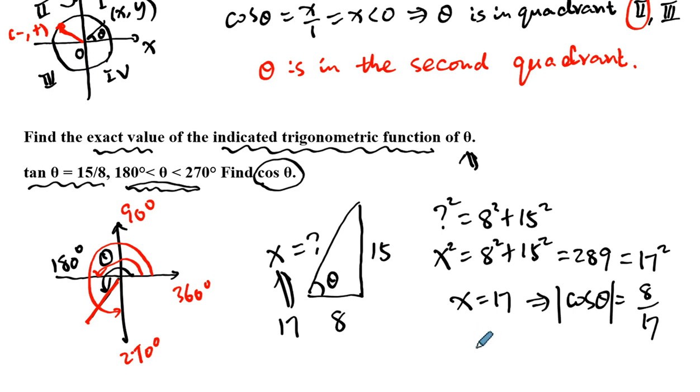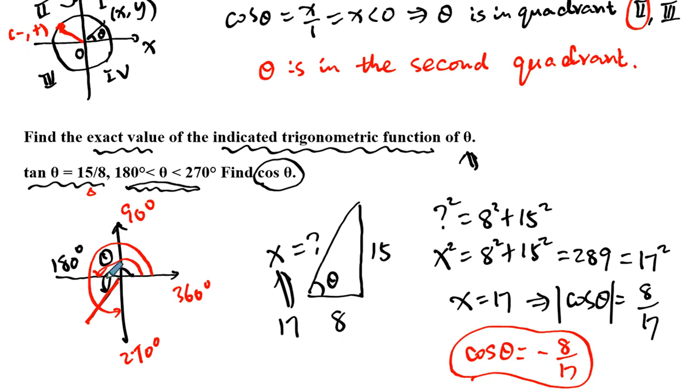So then it tells us cosine theta equals negative 8 over 17. Okay, so that will give us the final answer.